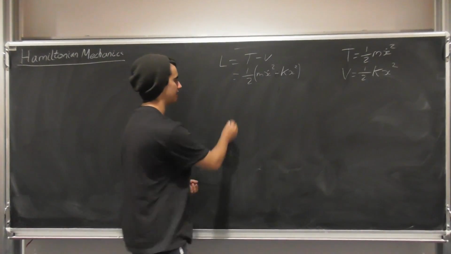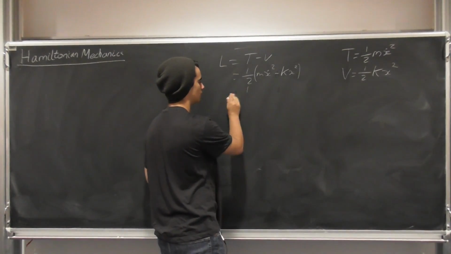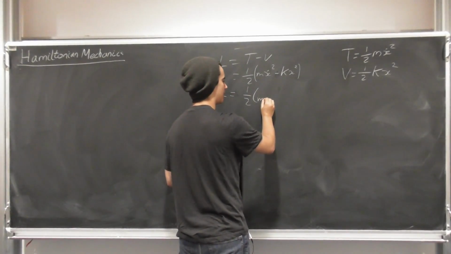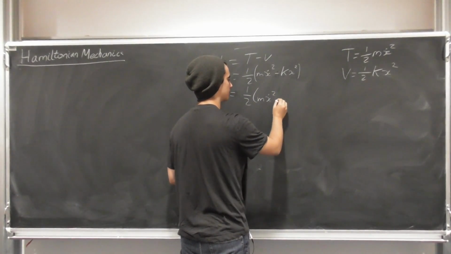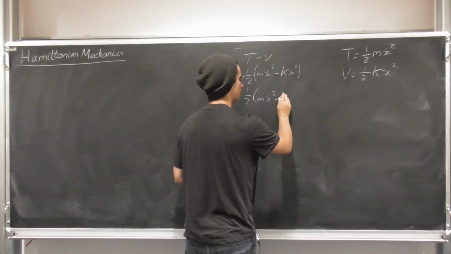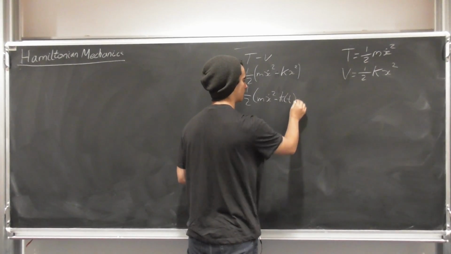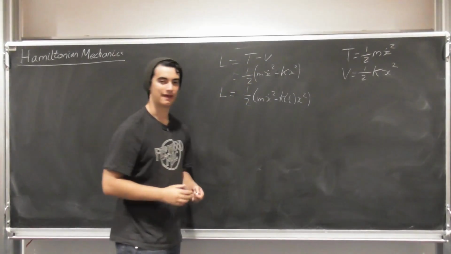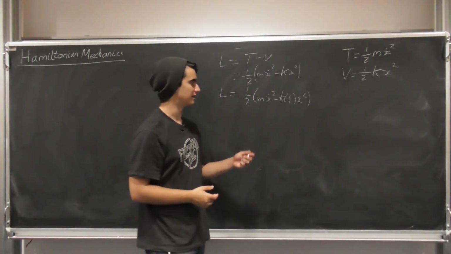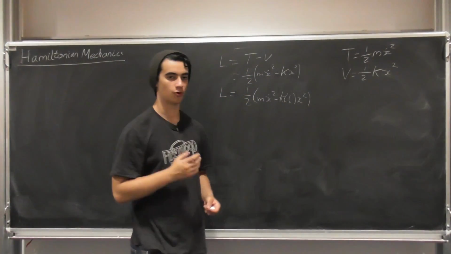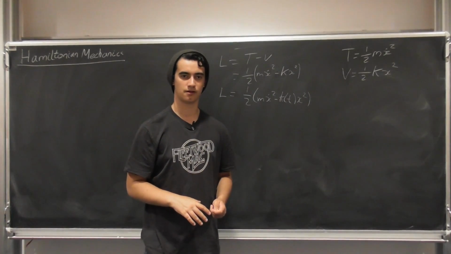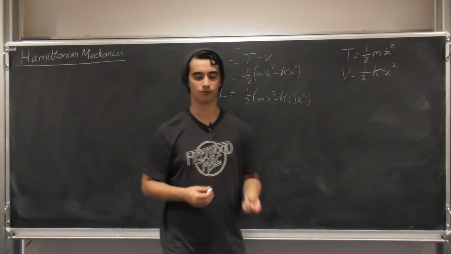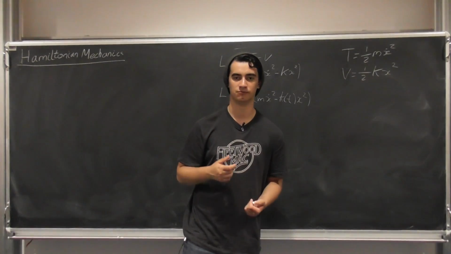But if we were to say that instead we had some Lagrangian equal to a half m x dot squared minus some k, which is a function of t, times x squared, now the Lagrangian has a function of time in it, so it'll have some explicit dependency.